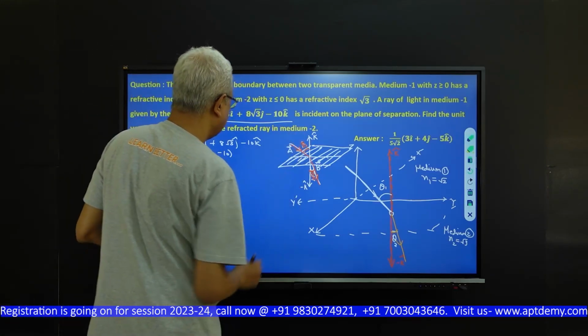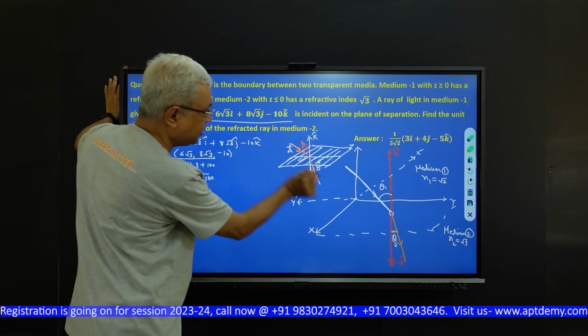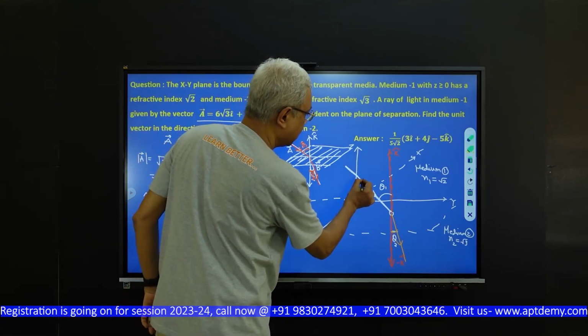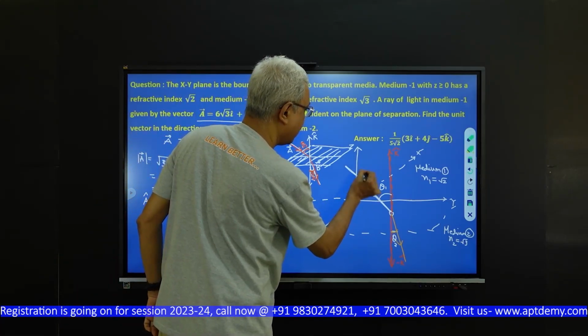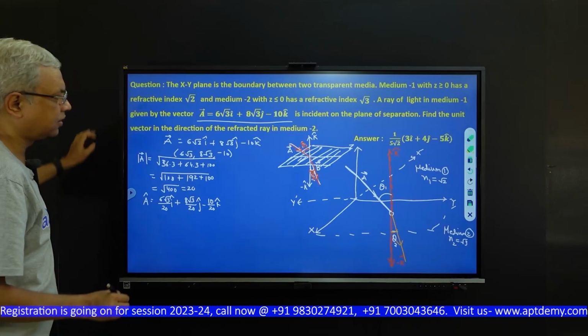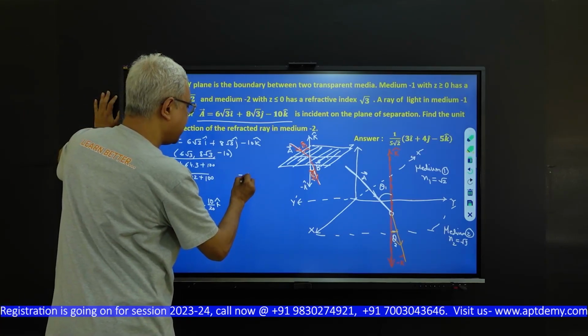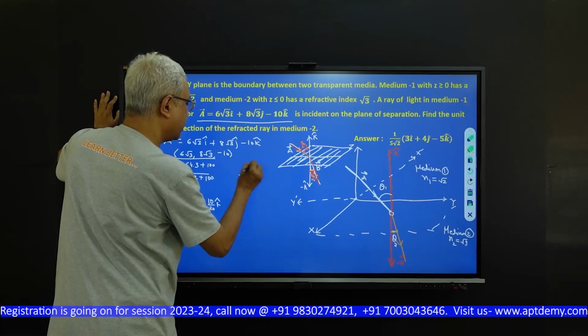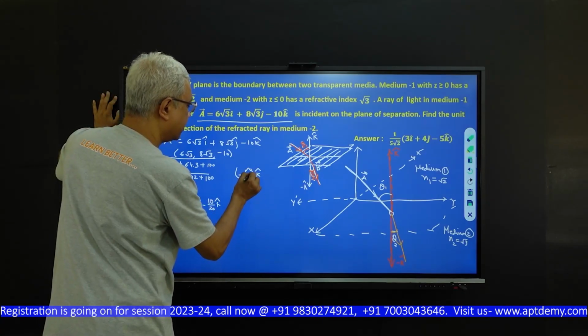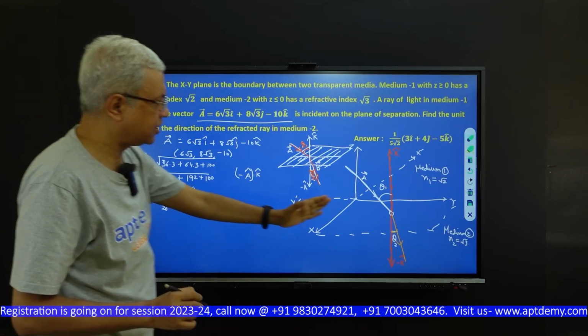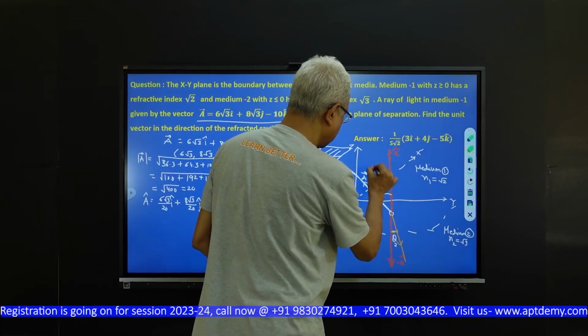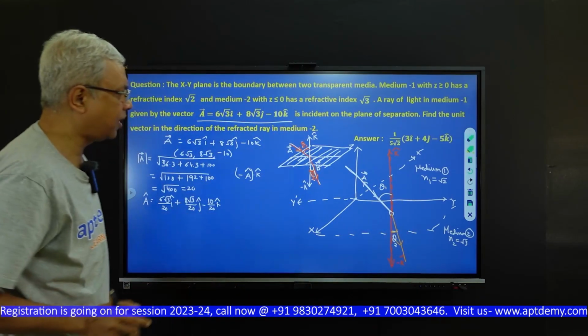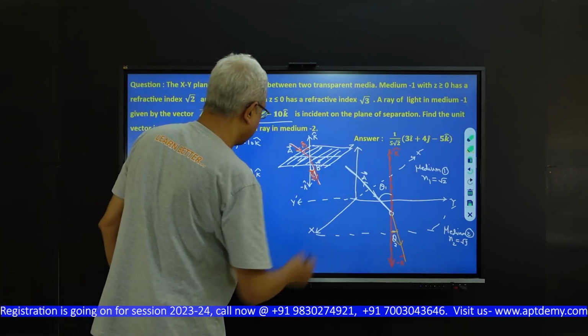Now, if this is the incident ray A vector, now let me calculate minus A cap dot k cap. This thing, minus A cap is in this direction. So minus A cap dot k cap.